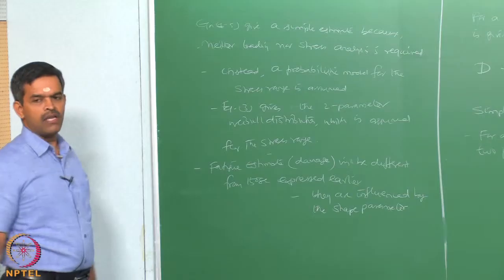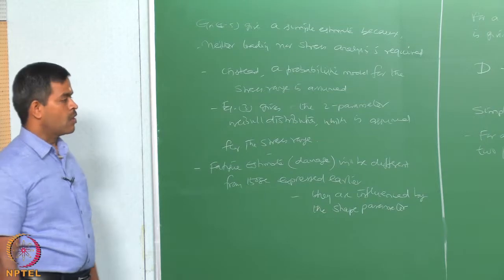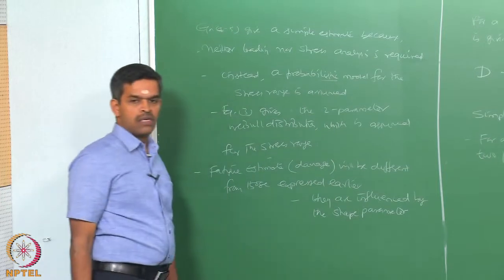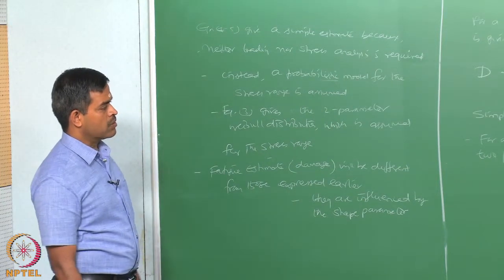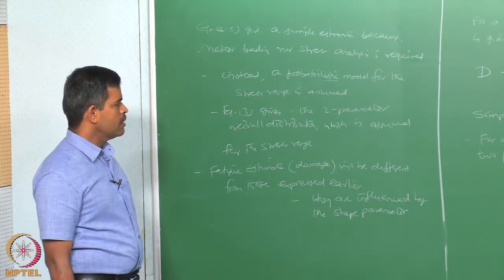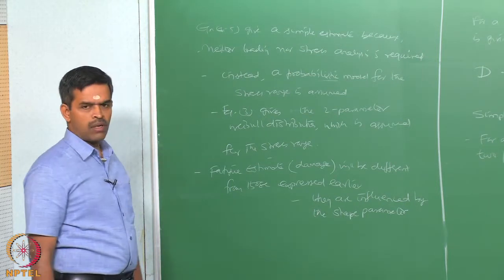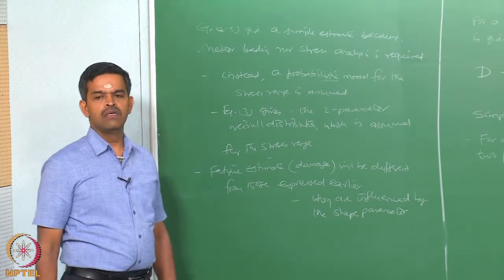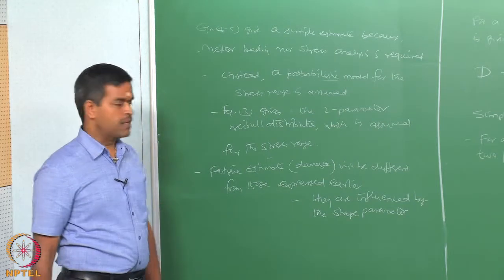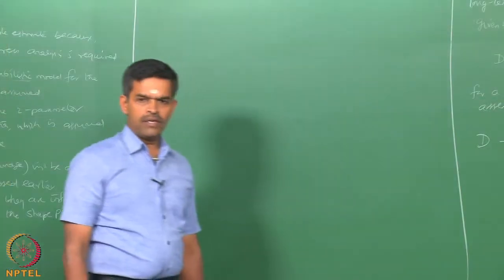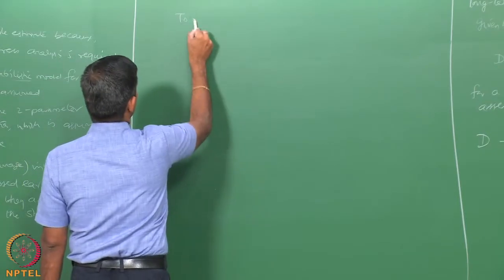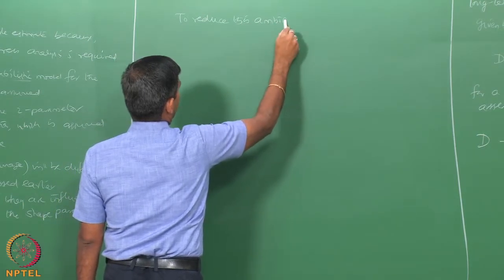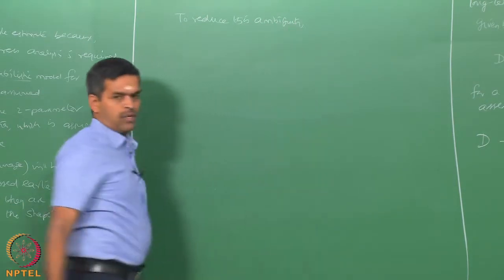Now, this causes really an ambiguity in the estimate, because the equations where you assume a probabilistic model for the stress range give me one type of estimate of long term fatigue damage. If I do not assume a probabilistic model and actually incorporate the loading and the stress analysis in total, then it gives me a different kind of fatigue estimate. So, this gives me an ambiguity. To reduce this ambiguity, what can one do?